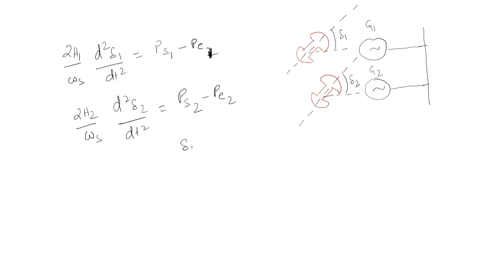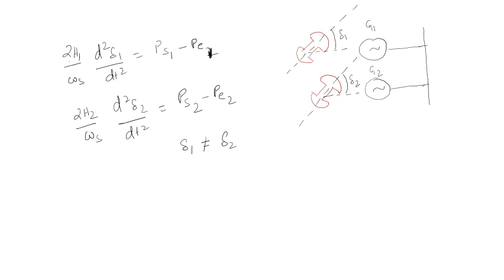Now here delta 1 is not equal to delta 2, that means the swing is not constant. That means the electrical and mechanical change is affecting both generators in a different manner.